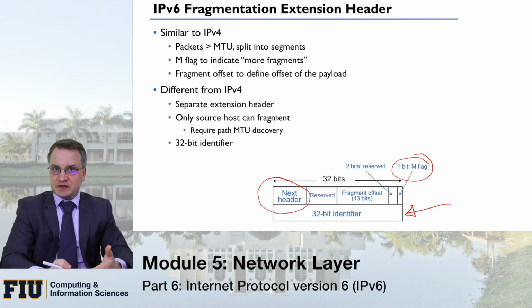Not the same for IPv6. In the IPv6 specification, they explicitly define that the packet can only be split by the source and can only be reassembled by the destination. Which means if some hop cannot forward this packet, instead of breaking it down further into smaller fragments, it will report some form of an error.